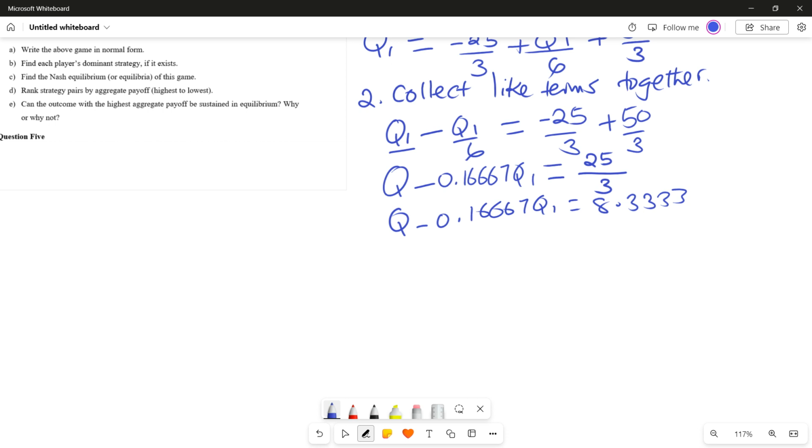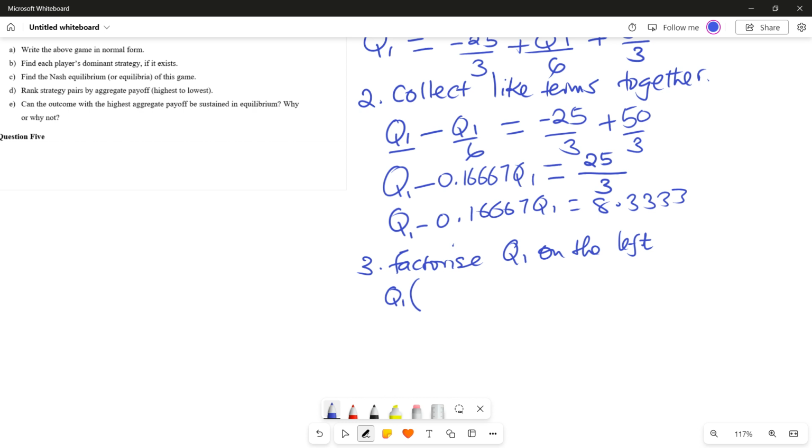So after reaching this stage, remember the target is to make q1 the subject of the formula. When you reach this stage, it's to factorize. So can we factorize q1 on the left hand side? This means that we are going to factor out q1.